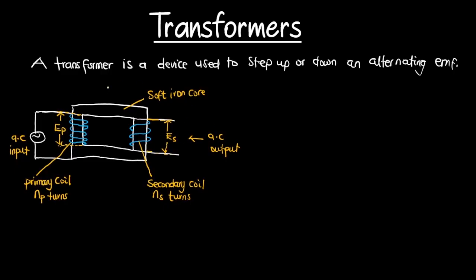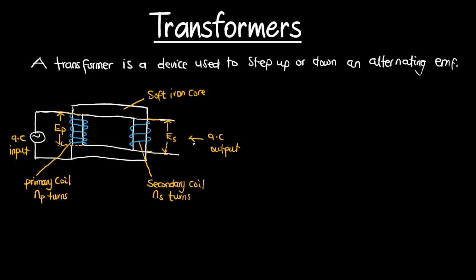So this is basically a general overview of what a transformer is. It has a primary coil and a secondary coil wrapped around a soft iron core. Then it has an AC input and the AC output. Now, where the primary coil is, the EMF over there is what we call the EMF of the primary coil, which is represented by EP.